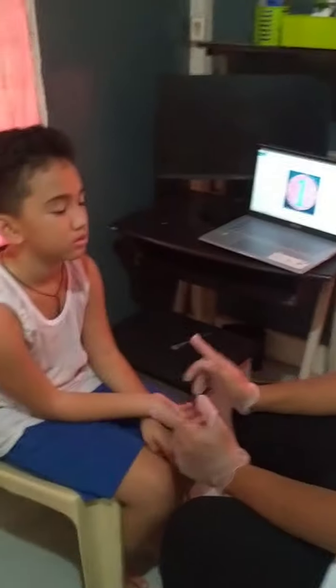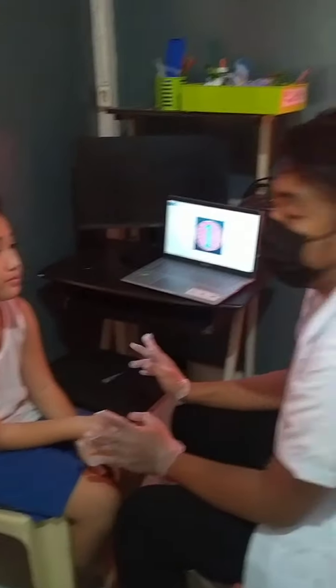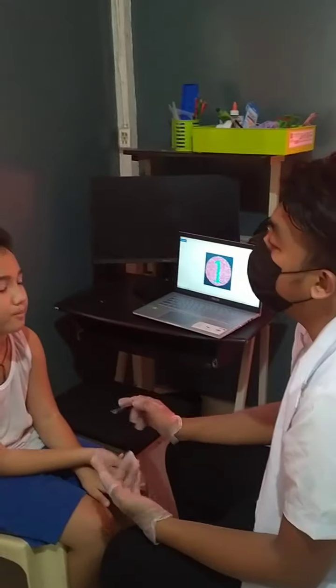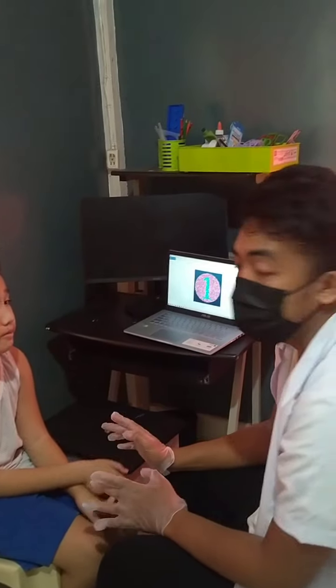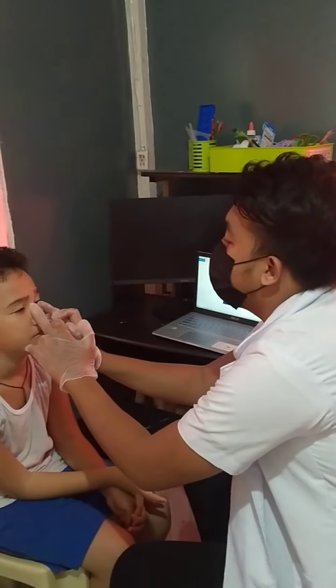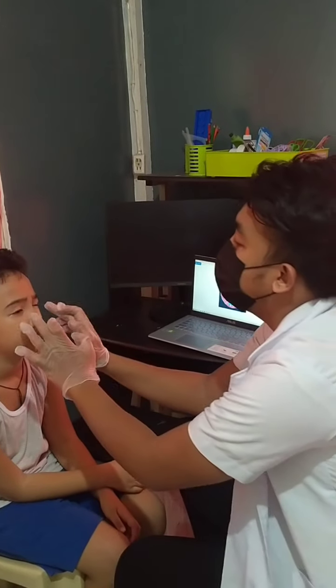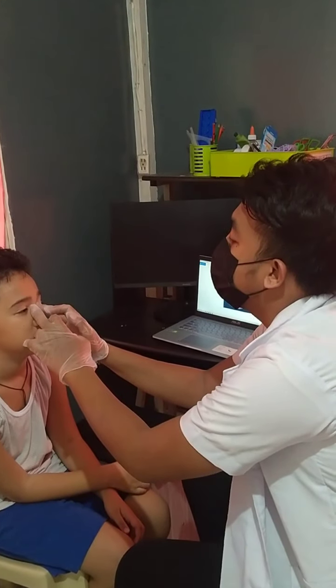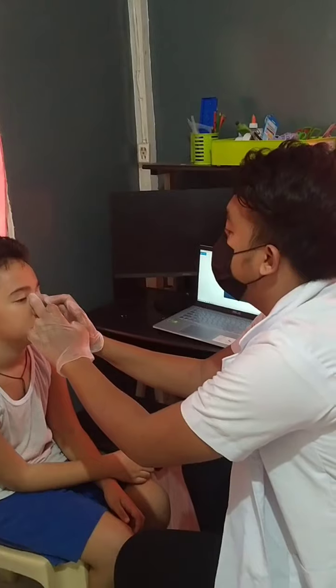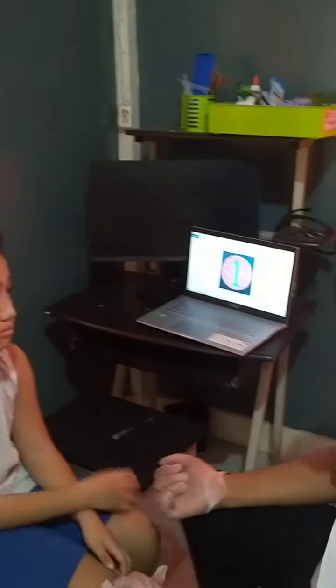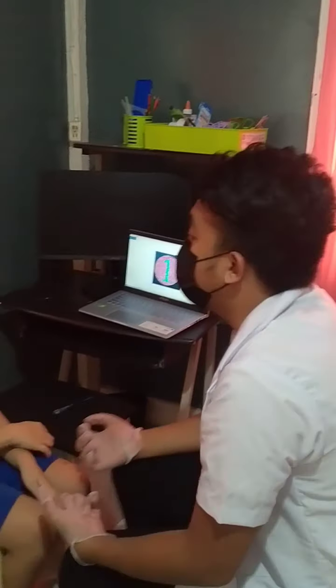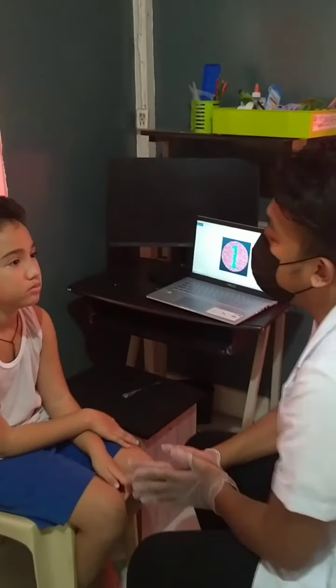The next thing we'll do is palpation of the nasolacrimal glands. Palpate the patient's area near the inner canthus of the eye. So there are no lesions or any nodules or masses that have been palpated.